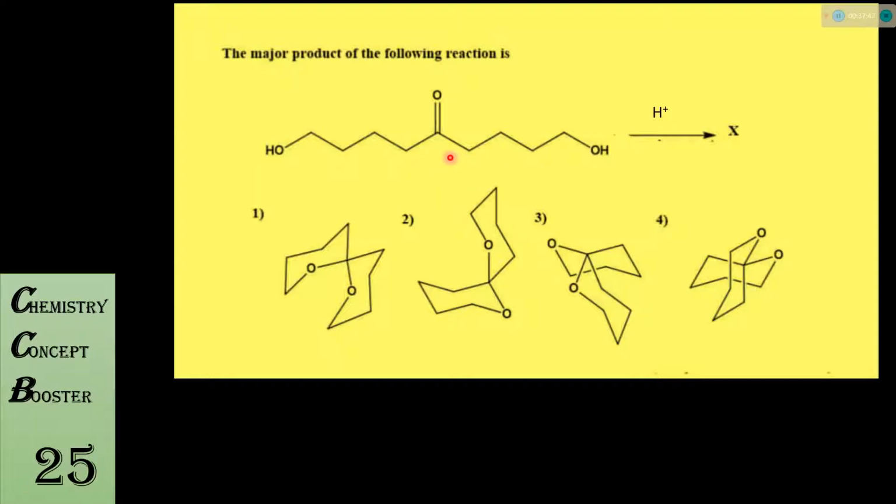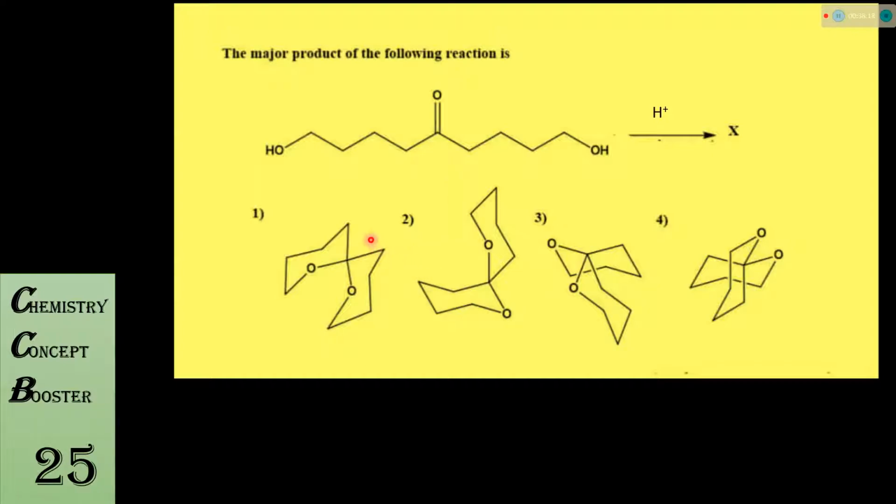So to form a ketal. So now which ketal will form? In this case, since the formation of the ketal results in the formation of 2 six-membered rings, we have to decide which one.